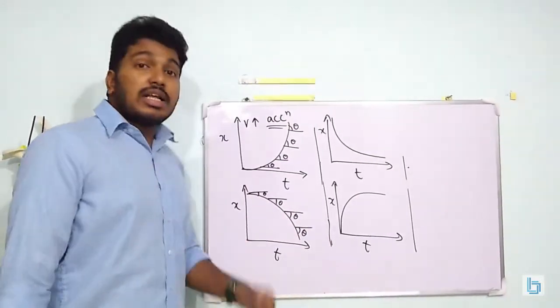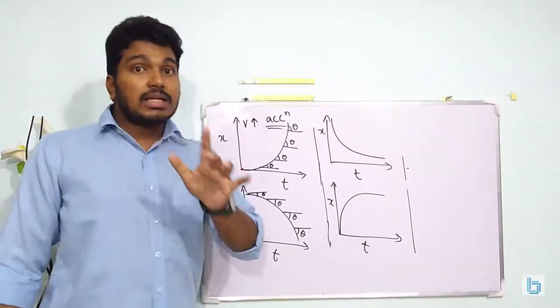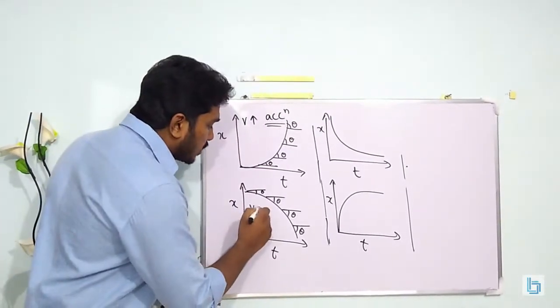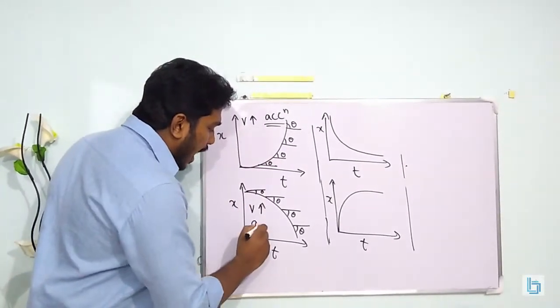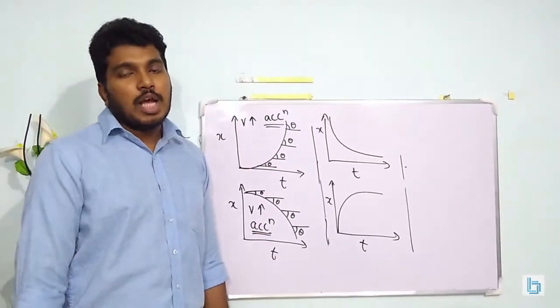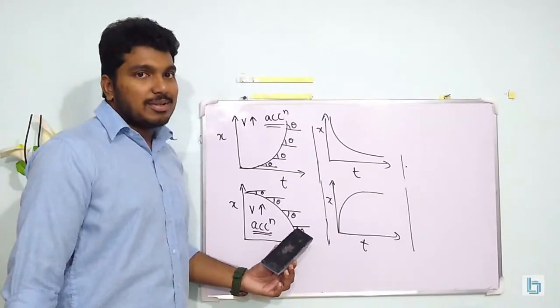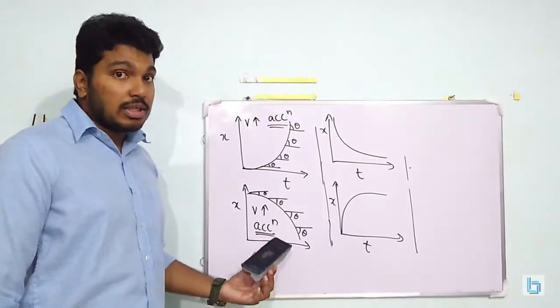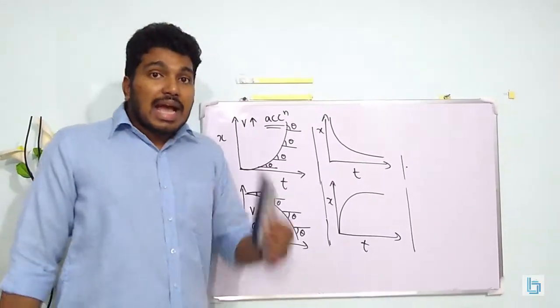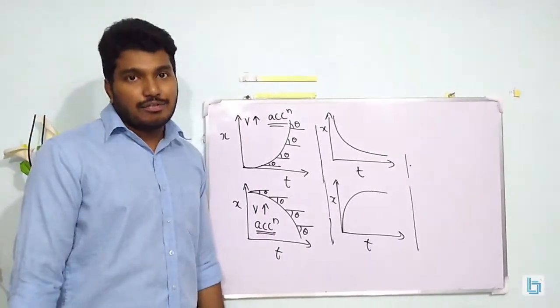If theta is increasing, tan theta will be increasing. If tan theta is increasing, velocity is increasing. And again, this is an acceleration curve. Acceleration. Okay, this is not deceleration. Don't mistake this graph when you see this. This is actually an accelerated graph.